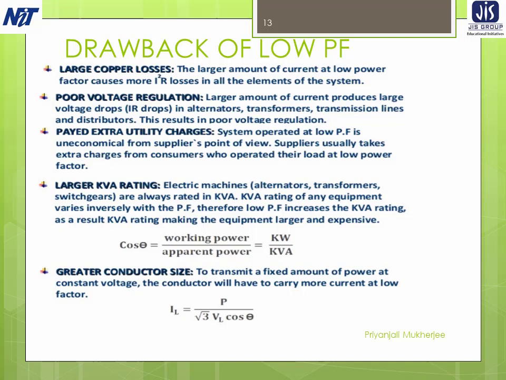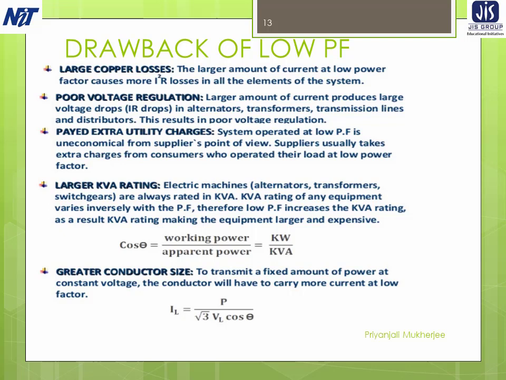All these voltage drops happen in the transformer, transmission lines and alternators, which gives us poor voltage regulation. And we have to pay more utility charges, because a system operated at low power factor is uneconomical from the supplier's point of view, and suppliers usually take extra charge from consumers who operate their load at low power factor.